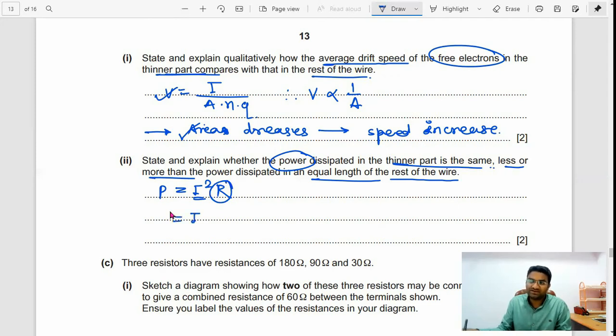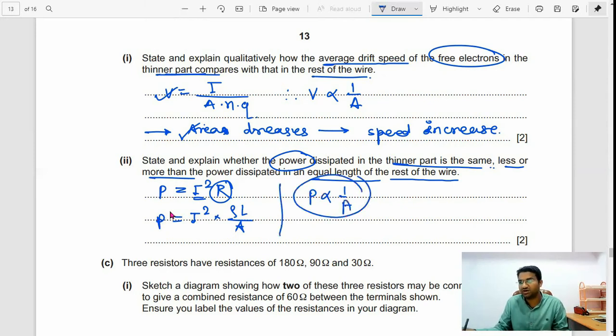Instead of this R, you can put in rho L over A, so P is I square times rho L over A. So this is a relation. You get P inversely proportional to 1 over A, right? So area is inversely proportional to power, and you can say that as area increases, power dissipation decreases. As area decreases, power dissipation increases.